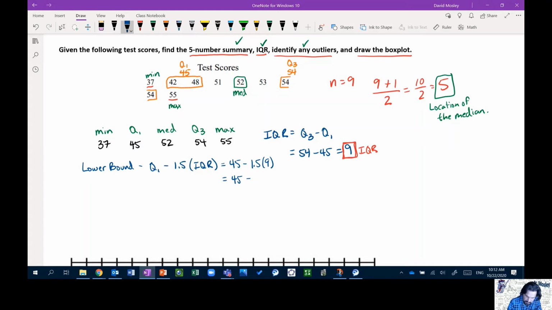Half of 9 is 4.5. 9 plus 4.5 is 13.5. 45 minus 13.5 will be a number which I'll do on my calculator because I don't want to mess it up. 31.5.